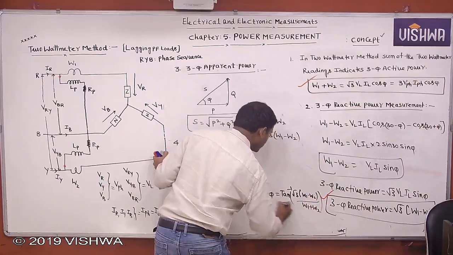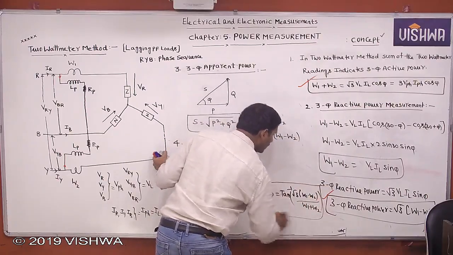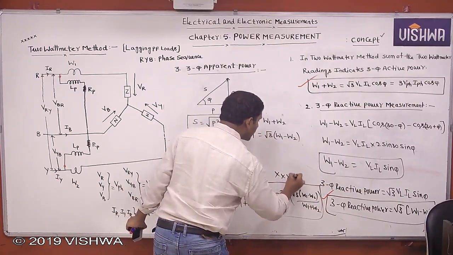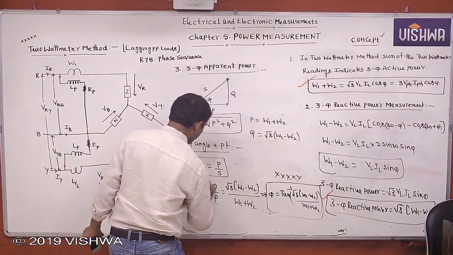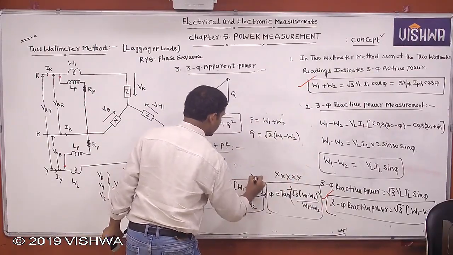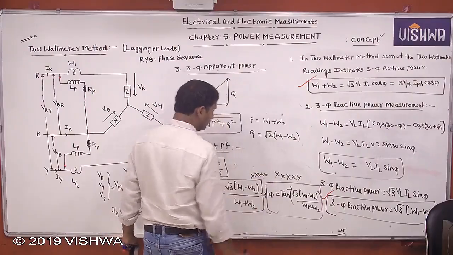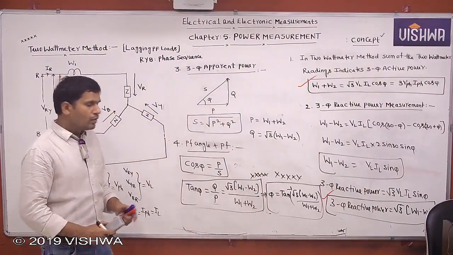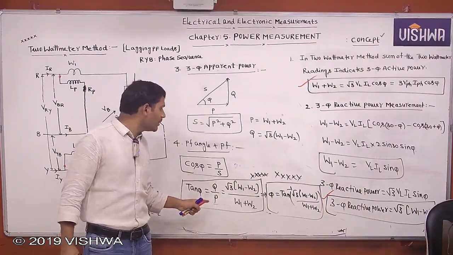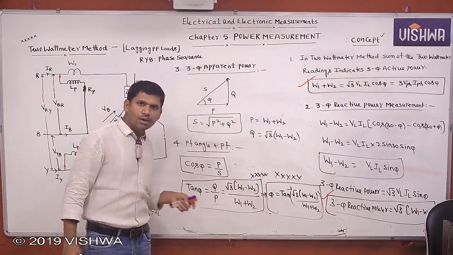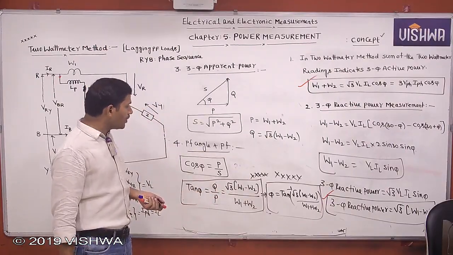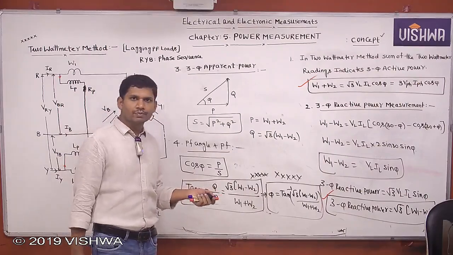This is the calculation of the power factor angle. A very, very important 5-star formula. This is also important. To solve most of the problems in the 2 wattmeter method, mainly concentrate on this formula: tan phi equals root 3 into W1 minus W2 by W1 plus W2.